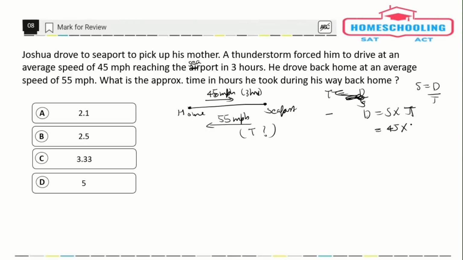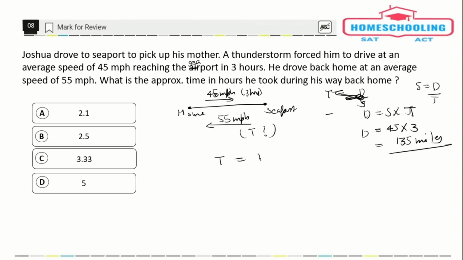So the distance from home to the seaport is 45 into 3, that is 135 miles. So now we know the distance from home to the seaport. When we come back from the seaport to home, we cover the same distance, that is 135 miles. So now we can find the time.